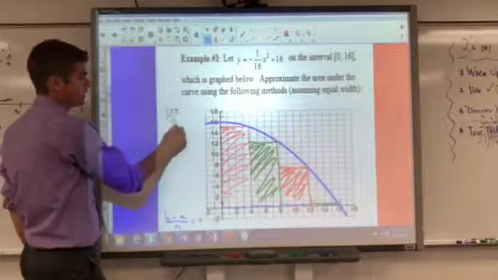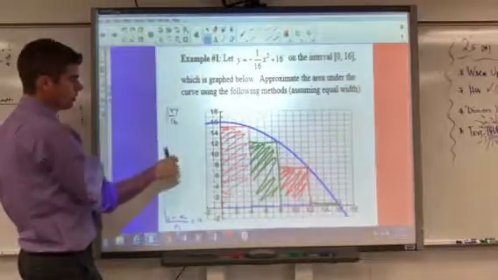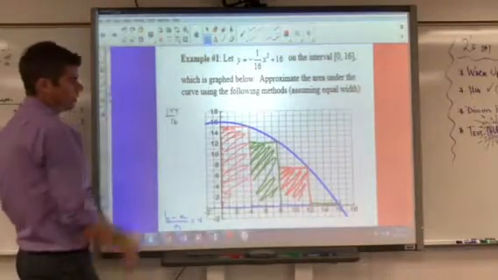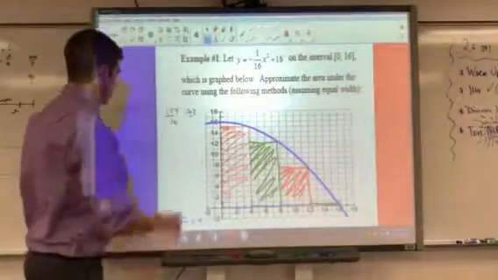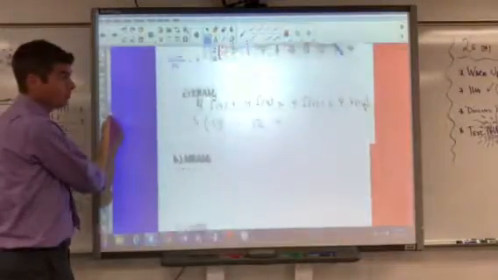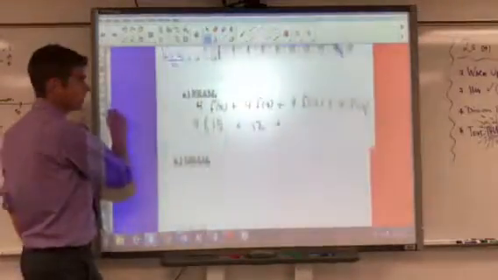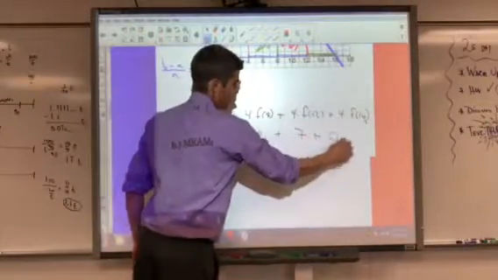Is that 8, I think? Oh, it's 9. Brain fart, sorry, long day. It's 9, so it's negative 9 plus 16, which is 7. We already factored the 4 out, and then f of 16 was 0.